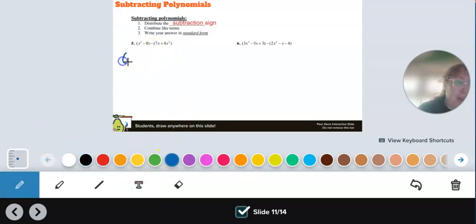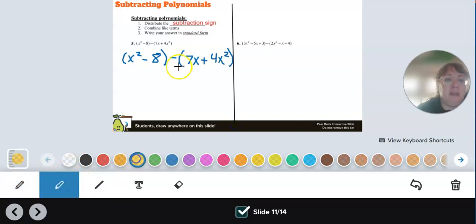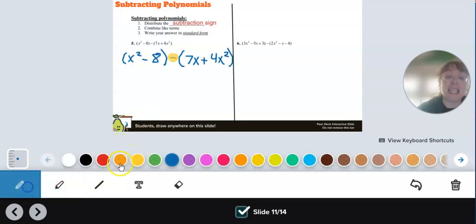For this problem, I'm going to rewrite it so it's a little bigger. So we have x squared minus 8 in parentheses minus 7x plus 4x squared. So what we need to note here about this problem is we see this subtraction sign, but it's subtracting the entire parentheses.